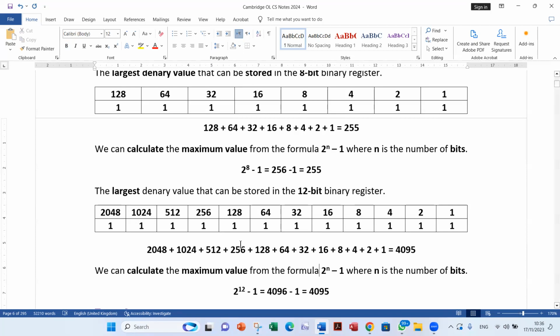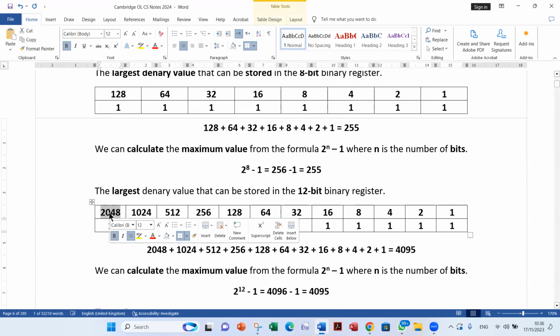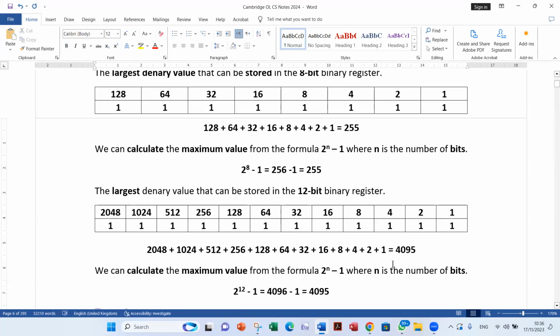Or you can just say twice of this and subtract 1. 2 to the power of 12 is 4096, which is twice of 2048, minus 1. So the largest value that may go into 12 bits is 4095. You can add these yourself if you like to prove it.